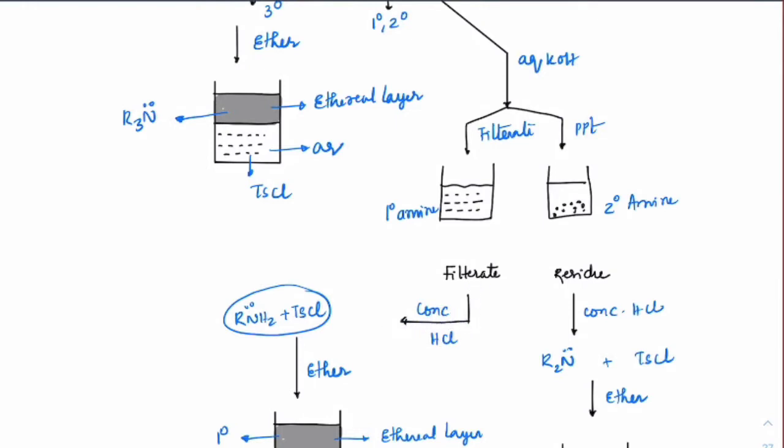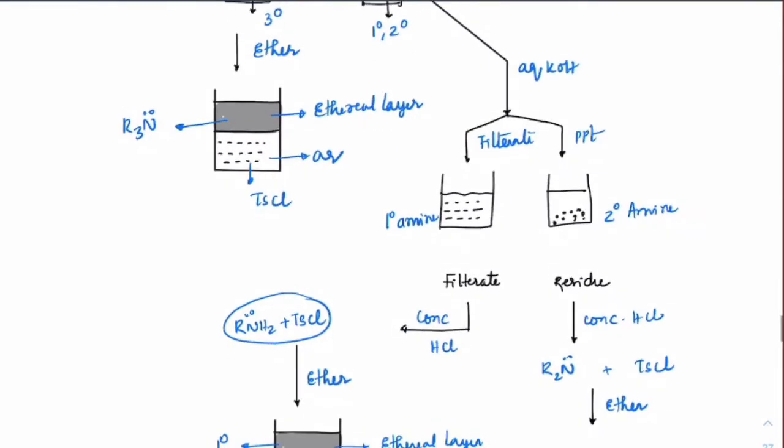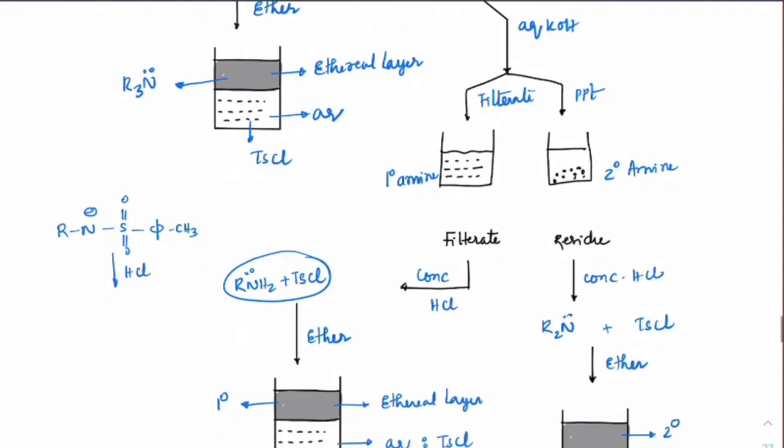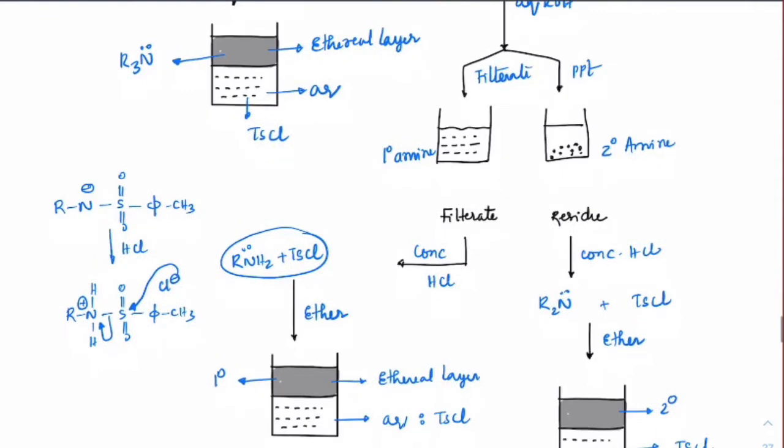On adding concentrated HCl, what we might see here is that the R-NH-S(=O) group which is present, in concentrated HCl, it would form RNH2+-S(=O)-toluene. So chloride will attack on it, and we will be able to separate it out as RNH2 plus TsCl. This is what we can do if you add concentrated HCl.